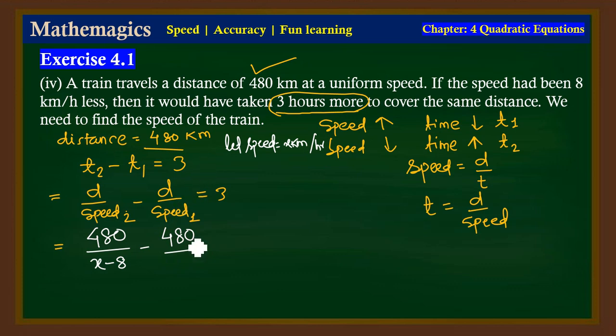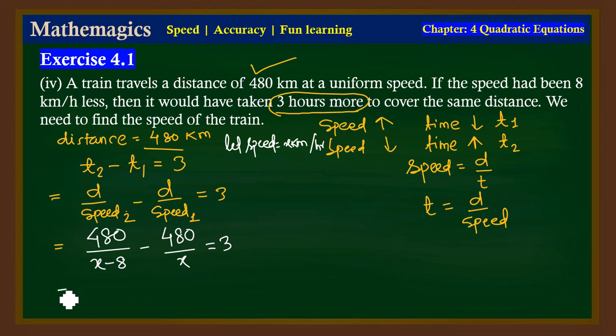What is the speed? Obviously it is x only, because if it goes at x it takes less time, and if the speed is reduced by 8 then obviously it takes more time. Now we are going to calculate the speed of the train. So 480 by x minus 8 minus 480 by x is equal to 3.